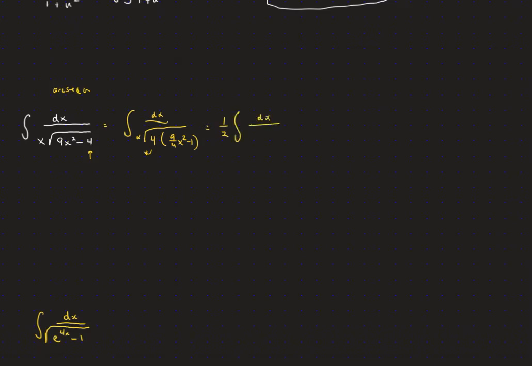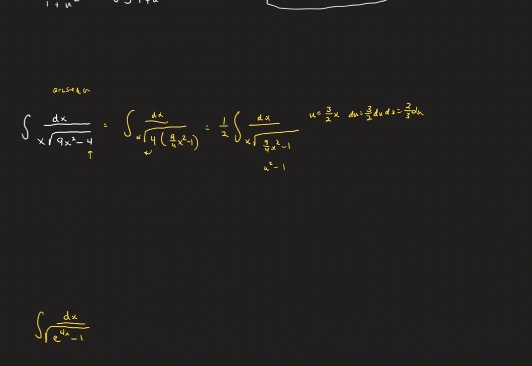And so now we have dx over x square root of 9/4 x squared minus 1. We are seeing the inside of that radical as a u squared minus 1. So that means u will be the square root of 9/4 x squared, which is going to be 3/2 x. That means the du will be 3/2 dx, and the dx is going to be 2/3 du.